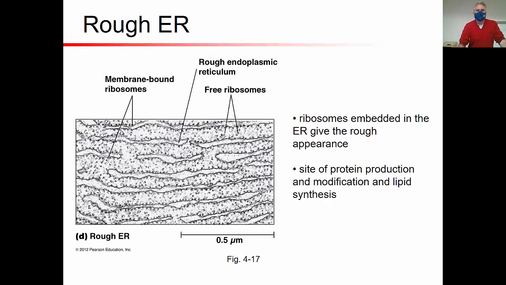And if we look at these, this is a very thin section through it. We have all of these kind of compartments. And that's showing the membrane of the ER. And then the whitish part is the space inside, which is called the lumen. That's the inside of the ER.